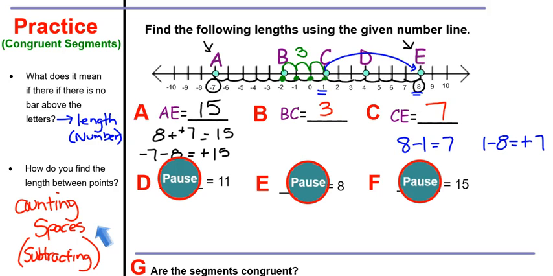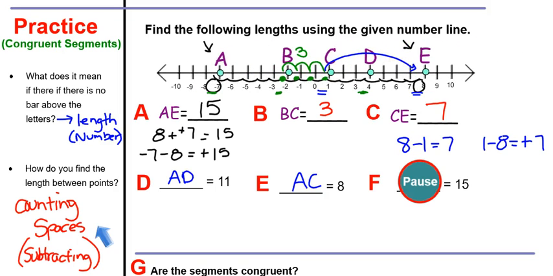All right, the answers that I got here for letter D, 11 spaces. We have to count all the way across. That guy right there, I got that to be AD. Then for F, 8 spaces.